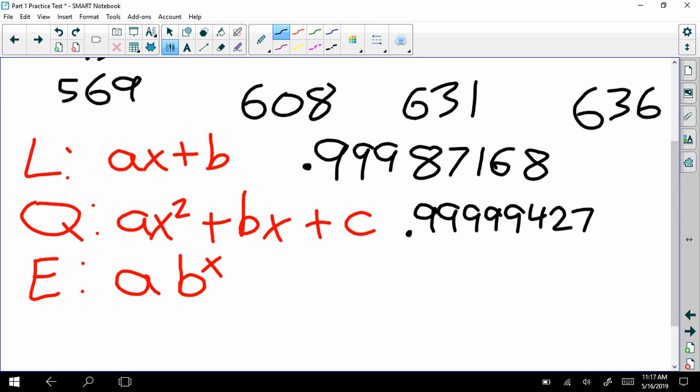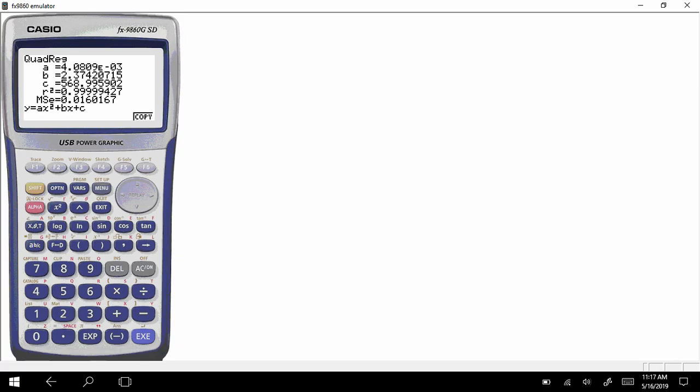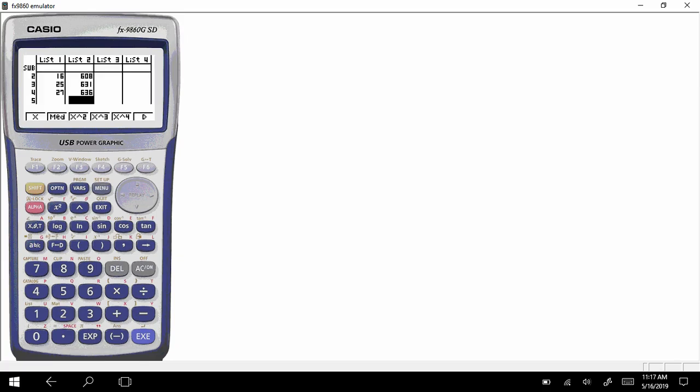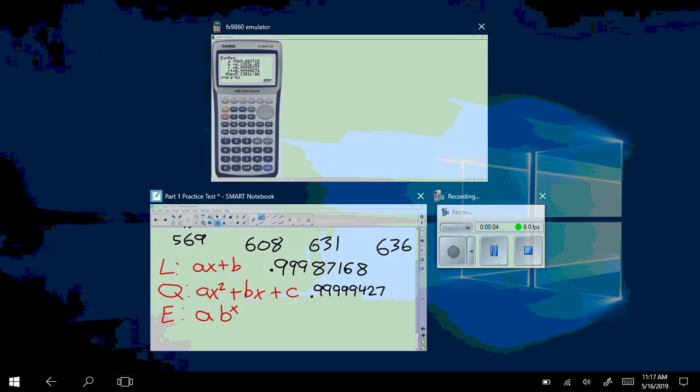And then last, we'll check exponential. So exit, exponential, EXP. If it gives you an option after you select that, choose the one that's AB to the X. Oh, this one gives me the other one. Doesn't matter, it gives the same R squared value though. 0.99998674.